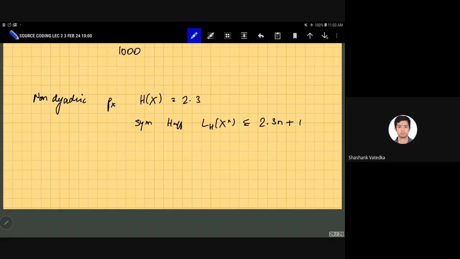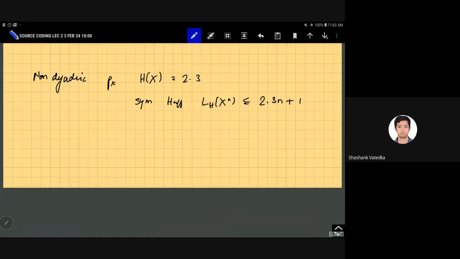No, this is not true, because it cannot be achieved for all n. If the distribution is non-dyadic, then the Huffman code always achieves L_H of X strictly greater than H of X. So it's equal to H of X plus some alpha, for some alpha strictly greater than 0.